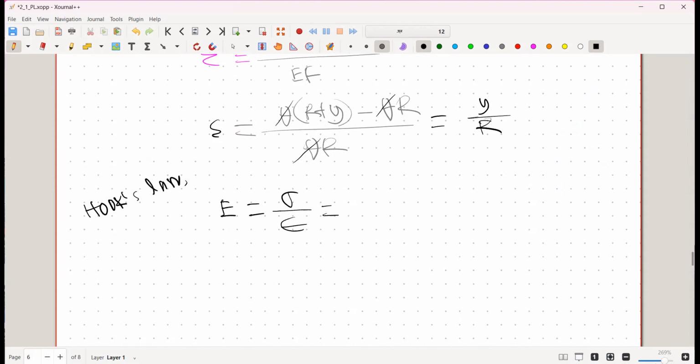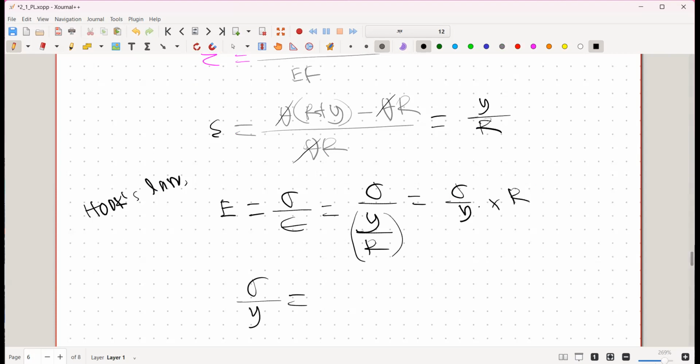So if we put the value of epsilon as y by r, we can write like this: sigma over y is equal to E over r. So this is a part of the proof.